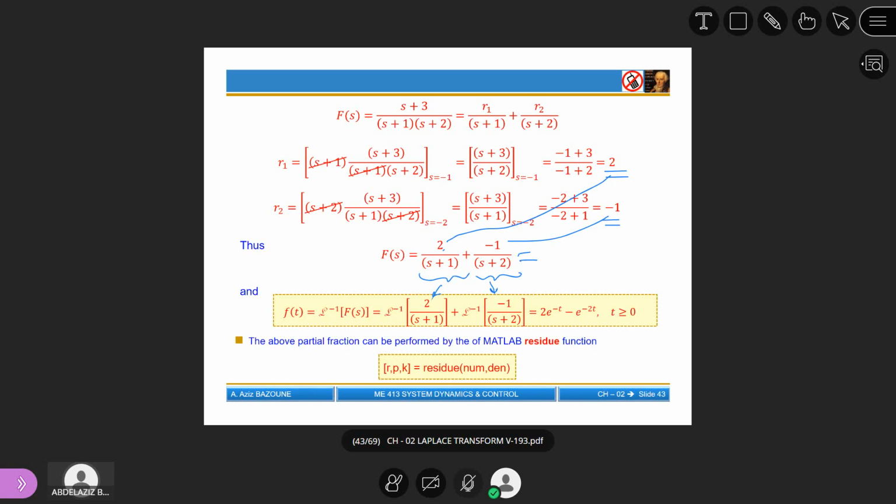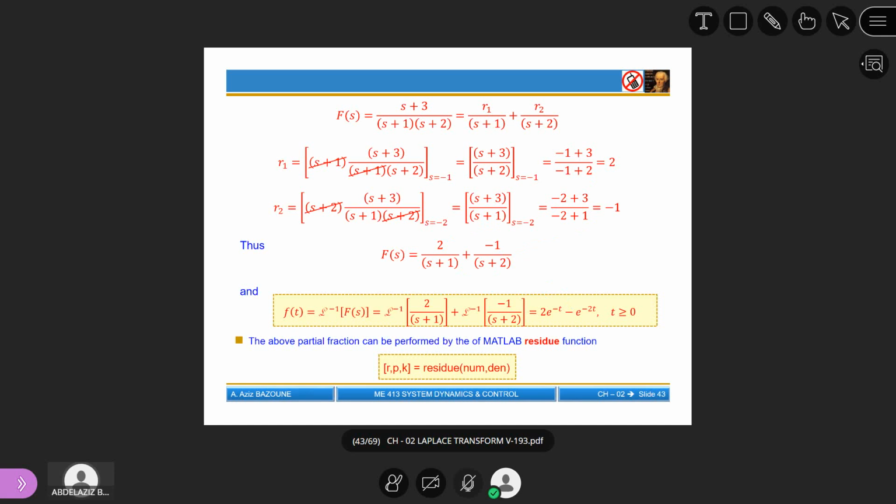So this is simply a constant 2 times 1 over s plus 1. 1 over s plus 1 is exponential minus t. So 2 times exponential minus t here. And minus 1 is here, exponential minus 2t, and this is known as the f of t, or the inverse Laplace transform. Any question for this one, Shabab?